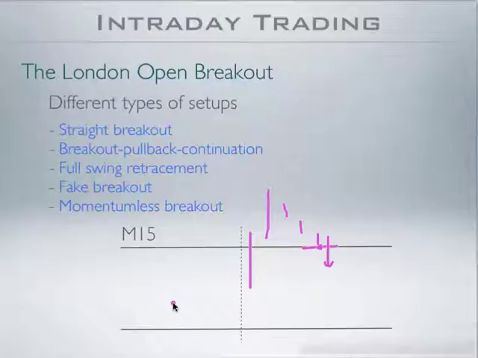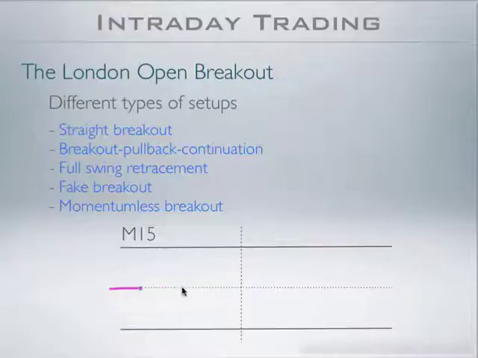My usual rule of thumb is, as long as price doesn't break the mid band of the Tokyo range, that's okay. Let me pause the video 1 second. All right, there we are. This is the midband of the Tokyo range, located at 50% of that range. As long as price upon the breakout doesn't retrace beyond that 50% band, then it's okay.